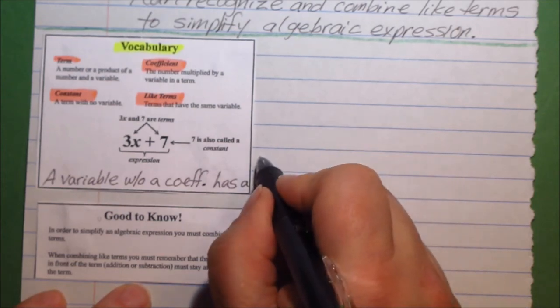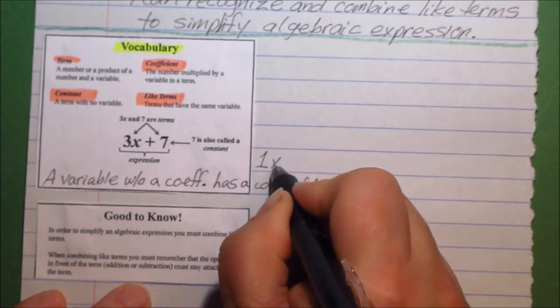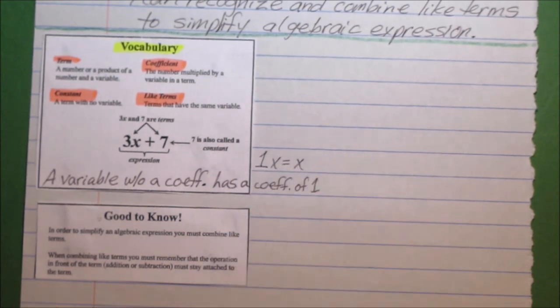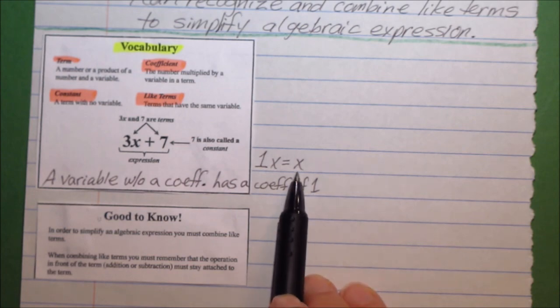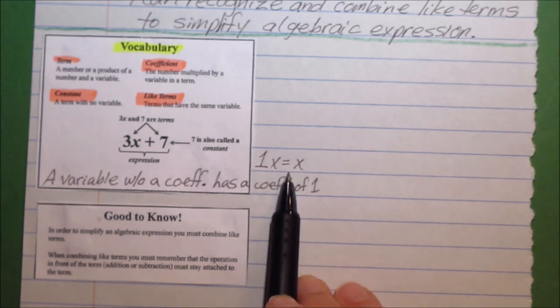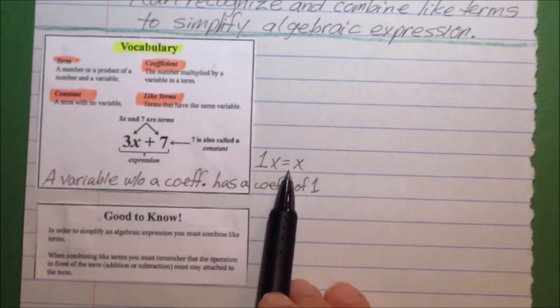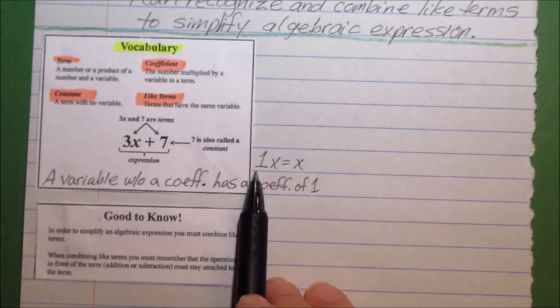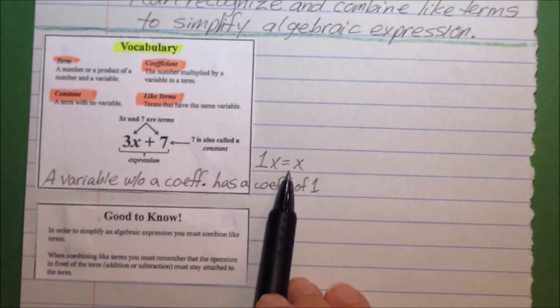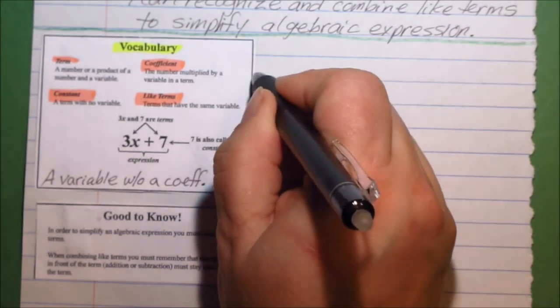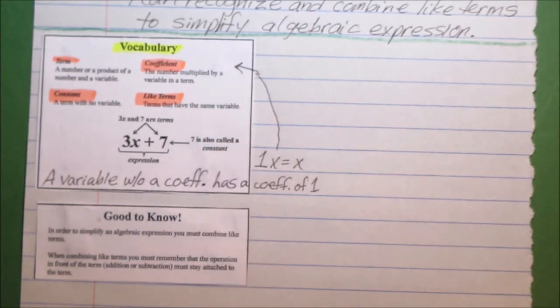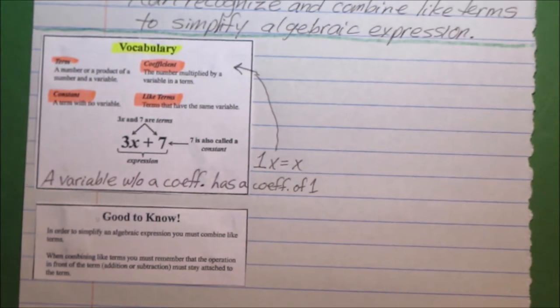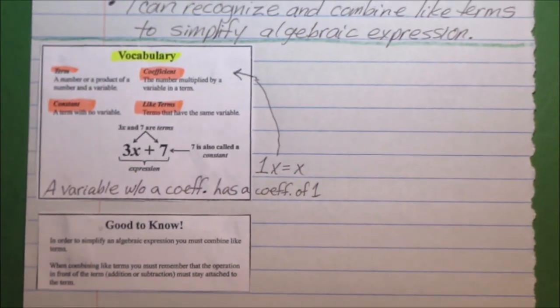And so what I mean by that is 1x is x. If you have a variable like x here and there's no visible coefficient in front of it, like a 2 or a 3, like this 3x here, if you don't see a number in front of the variable, its coefficient is 1. But we don't show it if it's 1. We just leave it off. But it's important to know that when we start doing our combining. So I'm going to draw a little arrow up to this coefficient because I want that note to speak to you about what coefficients are.